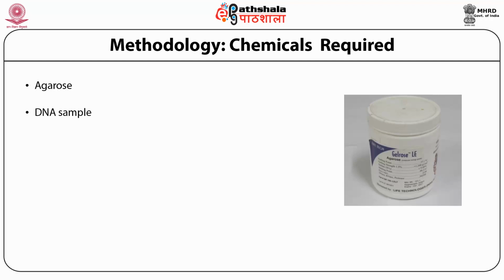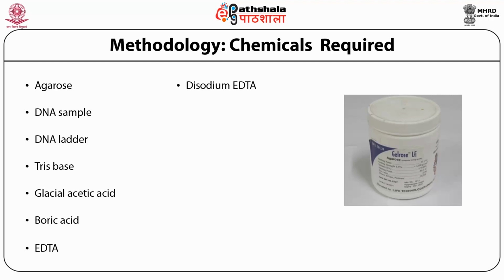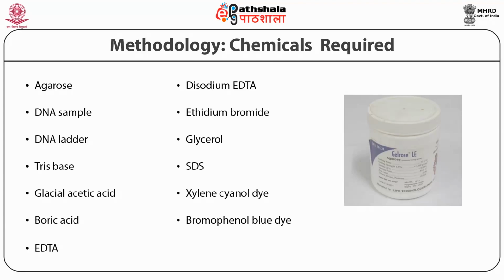We require nucleic acid markers or DNA ladders, tris base, glacial acetic acid, boric acid, EDTA, disodium salt of EDTA, ethidium bromide, xylene cyanol dye, bromophenol blue dye, and sodium dodecyl sulfate, glycerol.